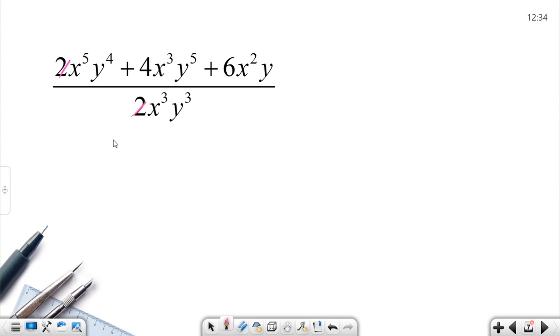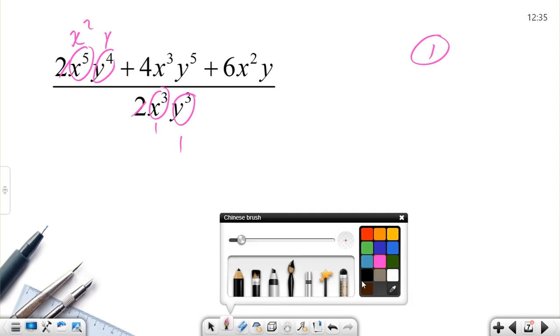When you simplify 2 and 2, it will be 1. Let's keep it in mind. We have 1 in our mind. Let's write here 1. X power of 5, x power of 3. This will be 1. This will be x power of 2. So y power of 4, y power of 3, y cubed. This will be 1, 4 minus 3, y power of 1. It's y power of 1, which is y. So we get 1 times x squared plus y. We have 1 in our mind. 1 times x squared plus y, x squared plus y.